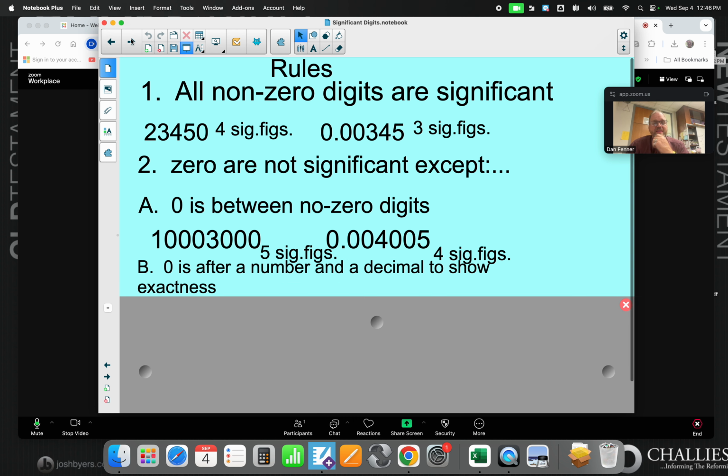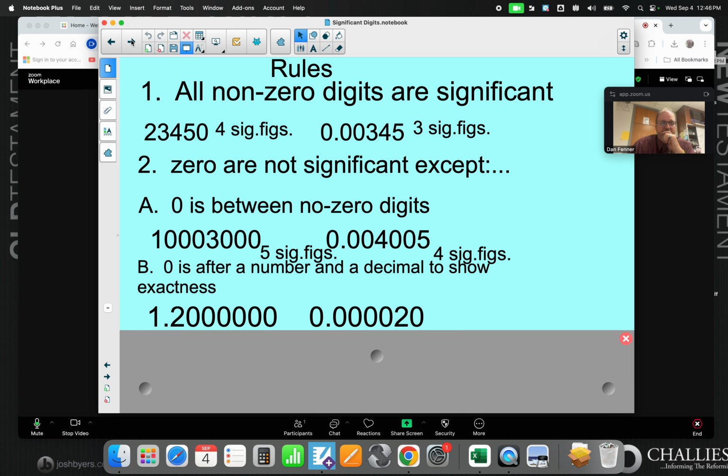All right, we can then say if a zero is after a number and after a decimal, it's showing exactness, it's significant. So what are we saying? If I have a number 1.2, 0, 0, 0, 0, 0, 0, that means all the way out, 10th, 100th, 1000th, 10,000th, 100,000th, millionth, 10 millionth. I'm confident of my answer to the 10 millionth place.